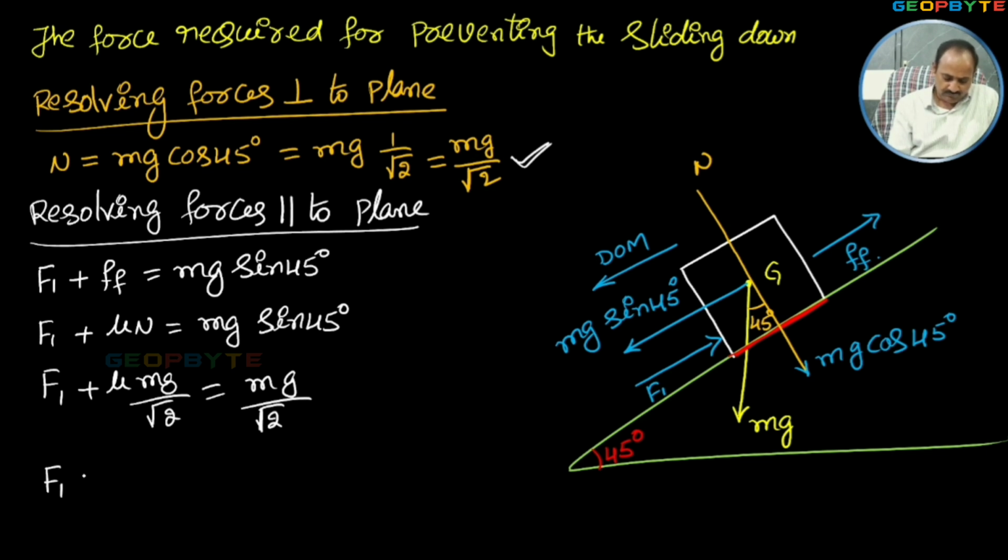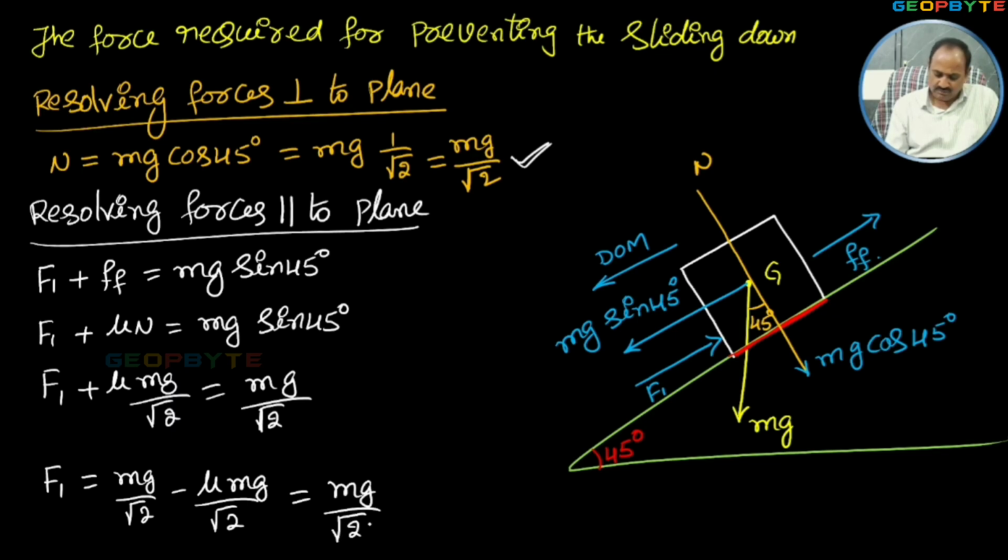Then the force F1, just for preventing the sliding down of the object, is equal to mg by root 2 minus mu mg by root 2. Finally, I can write mg by root 2 outside, into (1 minus mu).